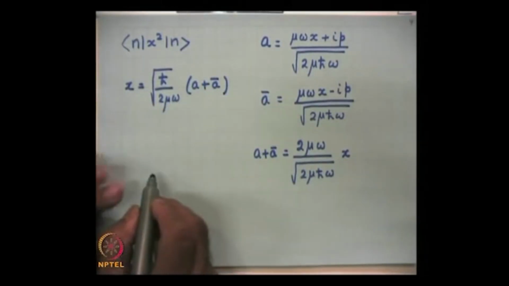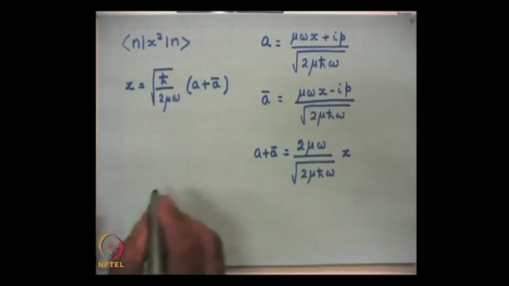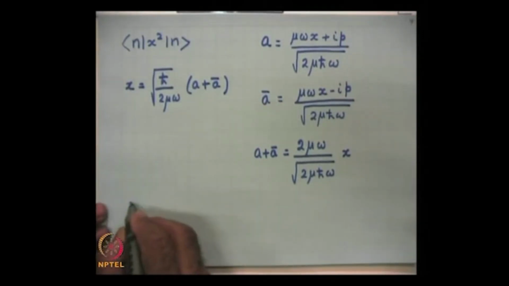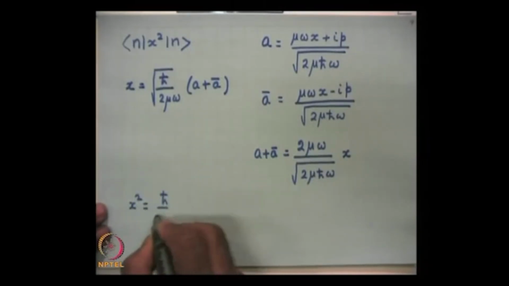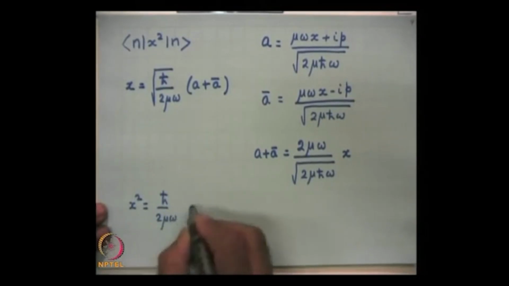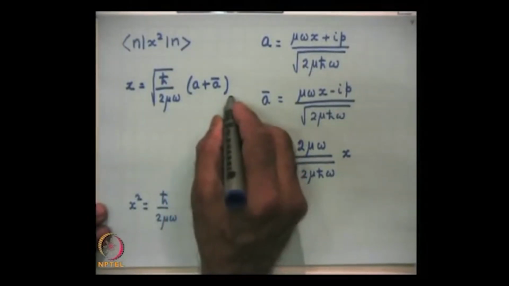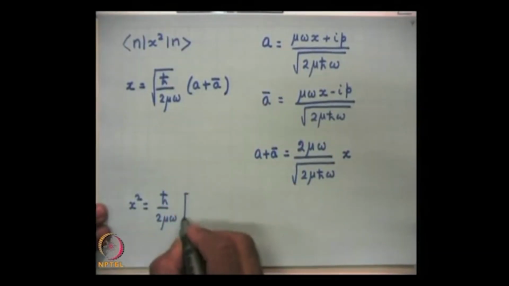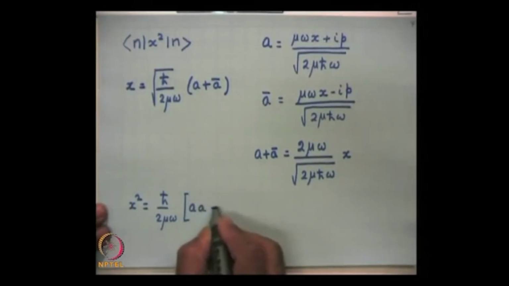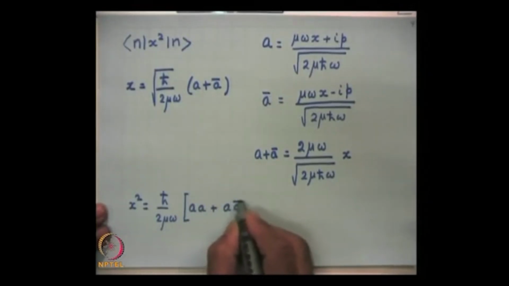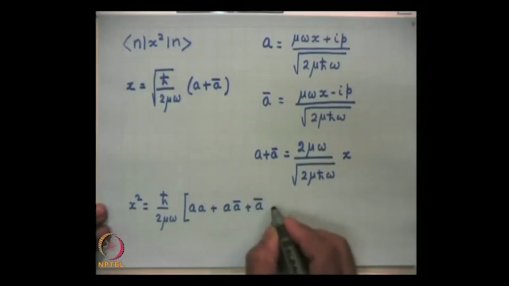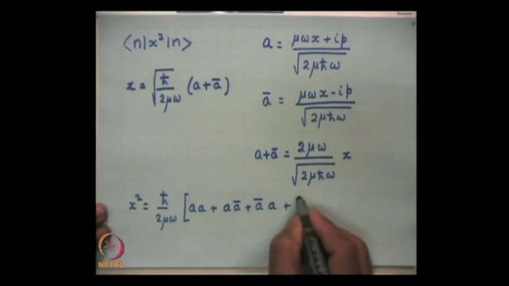What is x square? X square is x times x. Therefore, x square is equal to h cross by 2 mu omega times A plus A bar times A plus A bar. So, that is A A plus A A bar plus A bar A plus A bar A bar.